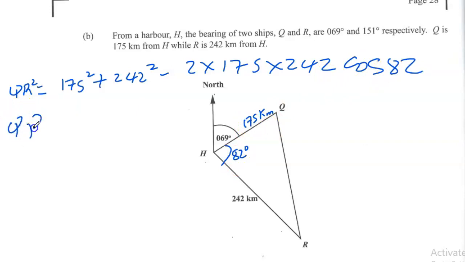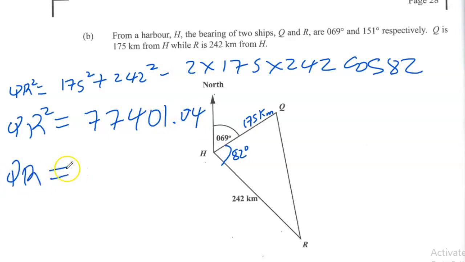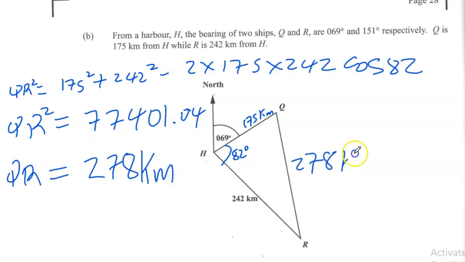We can do this on a calculator in one step. On the calculator we end up with 77401.04 or something like that. And if we take the square root of both sides, QR would be equal to the square root of 77401, which is 278 to the nearest kilometer. So this is 278 to the nearest kilometer.